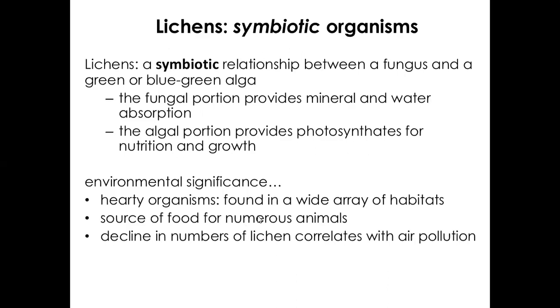If you see these splotchy looking green things growing on a tree, that's a lichen. Some animals just eat lichens for their food intake, like I said, numerous animals eat that. You normally see these on trees.